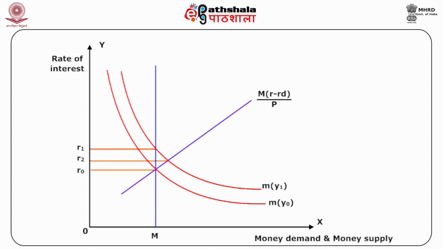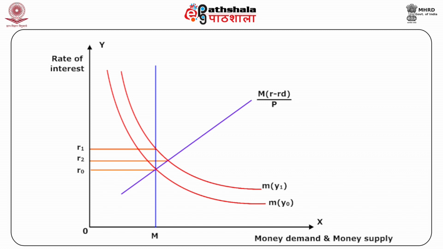So the rate of interest does not go up from R0 to R1, which is the case when the money supply is exogenous. In the case of an endogenous money supply function, the rate of interest is restricted to R2, which is less than R1.